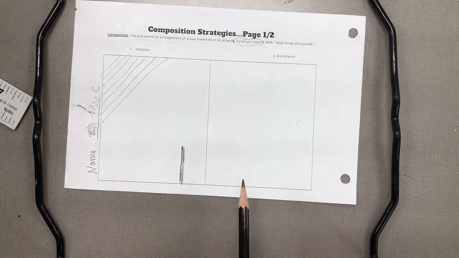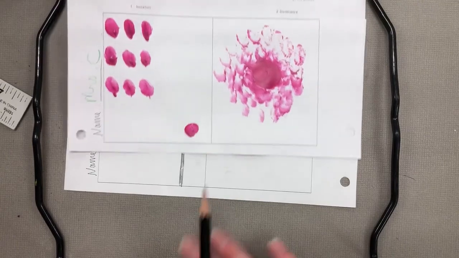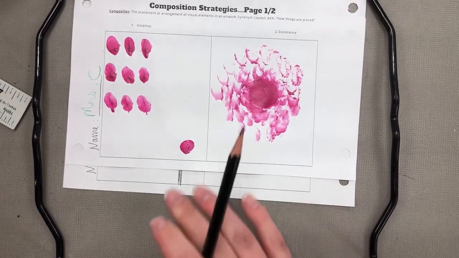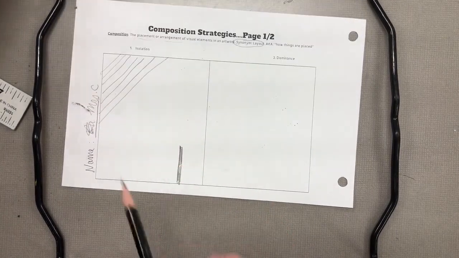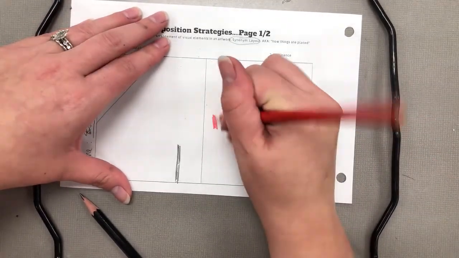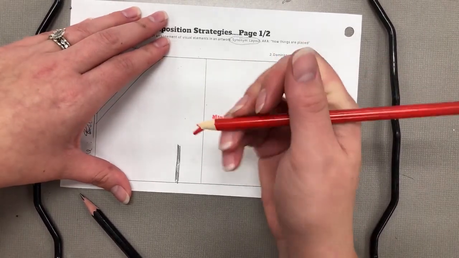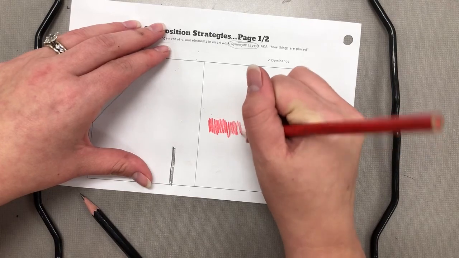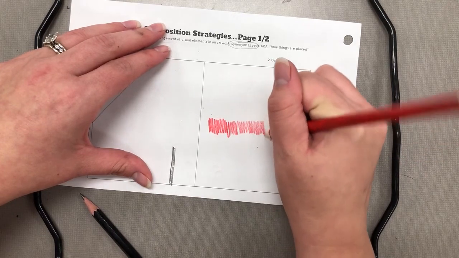Dominance is where you have one dominant element that is kind of the focal point or the main idea of your composition. So that might look like a bunch of different things. Oh no, my pencil broke. Again, I'm not really interested in you just copying exactly what I do.